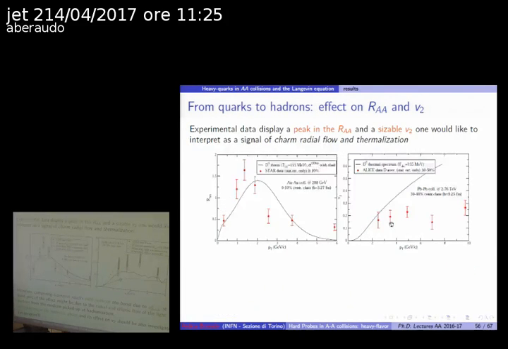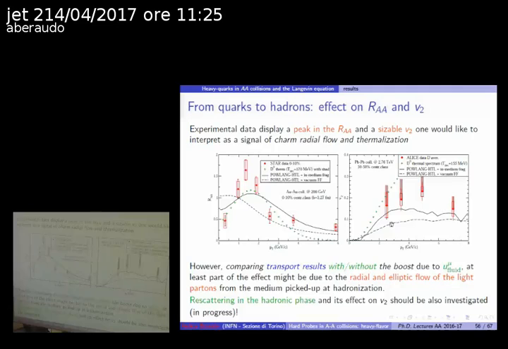However, and the same for the collective flow, the situation is not so clear, in the sense that here the data are the same. Here I have shown you in green the result of the hydrodynamic limit. Dashed lines are the transport calculation, so are really simulations with the Langevin equation.